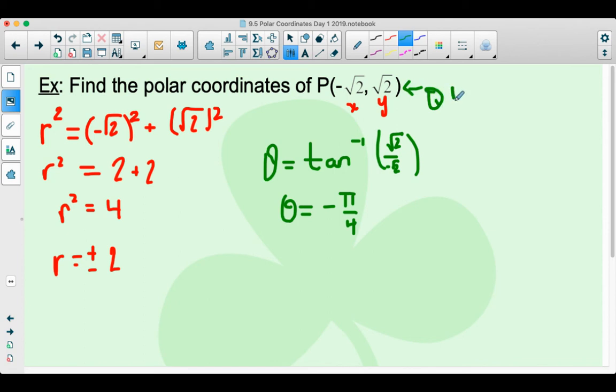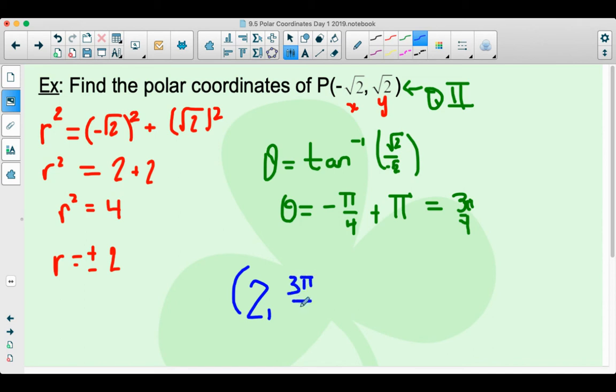So that means I need to manipulate my angle that I got for my tangent inverse by either adding or subtracting pi units, because I need it to go to the other quadrant. So this can give us 3pi/4. If I want to talk about it in terms of this angle of 3pi/4, then I need my positive R value. So I could have 2, 3pi/4.